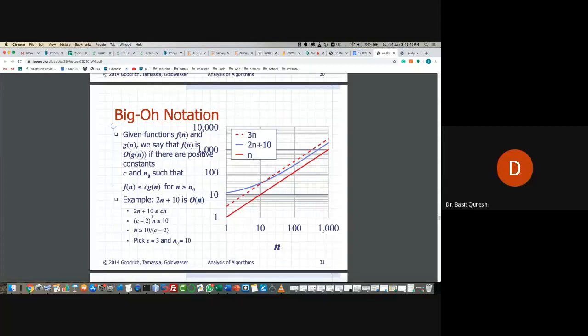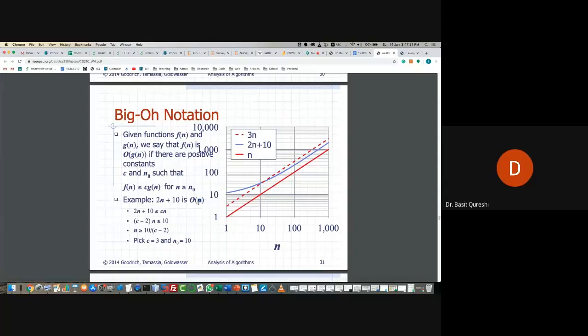Solving for n, I get n is bigger than or equal to 10 over c minus 2. To make this true, we have the luxury to pick any value for c and n naught that satisfies this. If it can be satisfied by these two values, we can say that 2n plus 10 is big O of n.